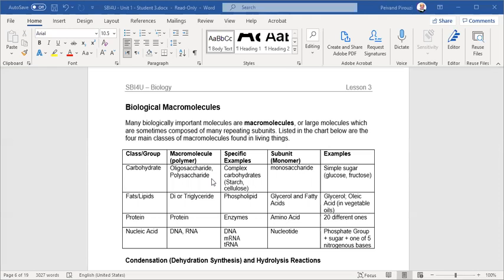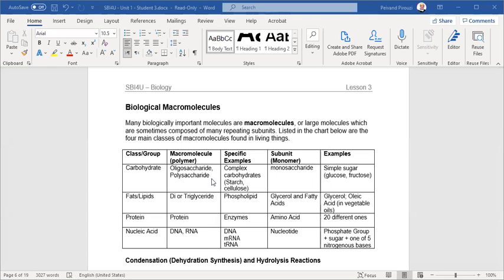Saccharide is a sugar, and polysaccharide means a macromolecule where you don't have only one saccharide. You have the same identical saccharide that is making a chain. We call that a polysaccharide. We can also have oligosaccharides, meaning that you have different saccharides in a chain.